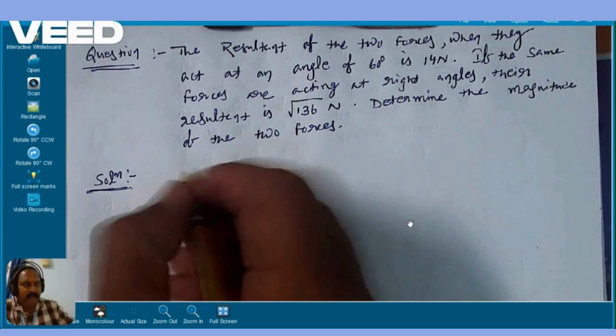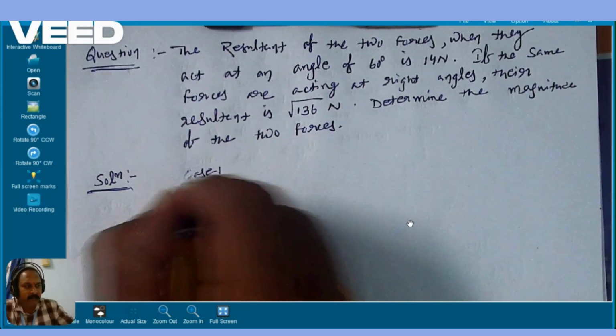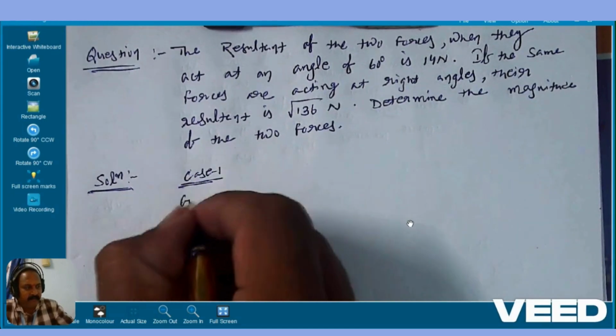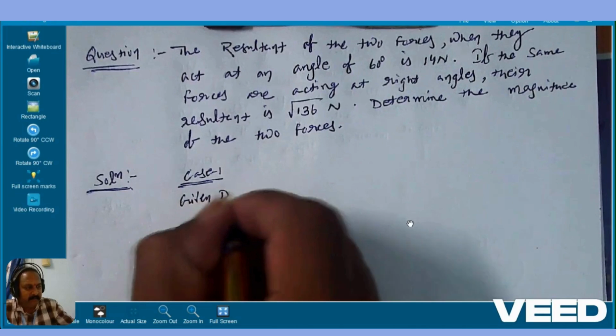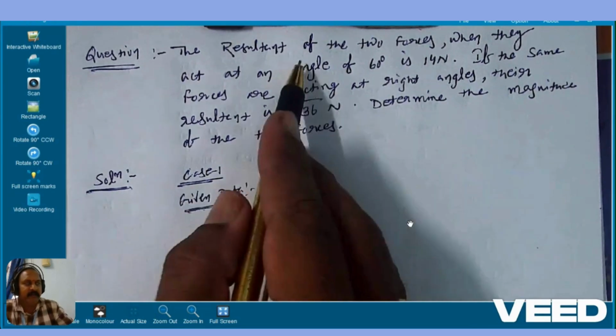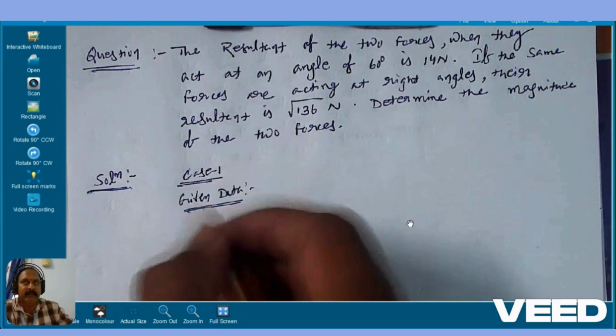So let us solve here. There are two cases we can see. What is the first case? The first case is the given data. In the first case, the resultant of the two forces when they act at an angle of 60 degrees is 14 Newton.